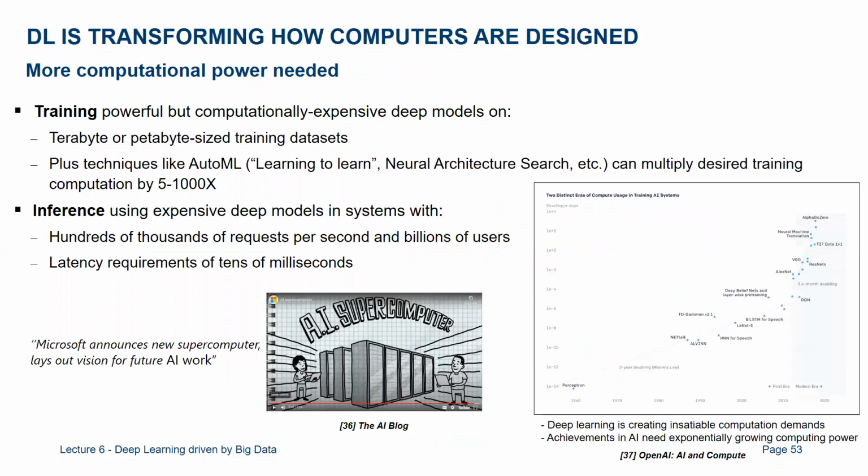Just a last message: deep learning is transforming how we build supercomputers. You can imagine why. Not just because now we have a lot of data, but also because the networks are getting more complex. Here you see a long trend, starting from the perceptron, and you can see that over the years the computation demand is much higher.